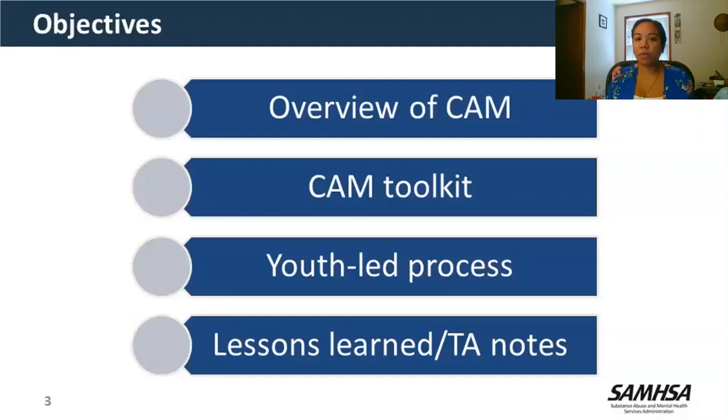Then we're going to go through the Community Asset Mapping Toolkit. Where we're going to spend most of our time is on the youth-led process that took place at the Confederated Tribes of the Umatilla Indian Reservation. Along the way, we'll also talk about some of the lessons learned as technical assistance providers.